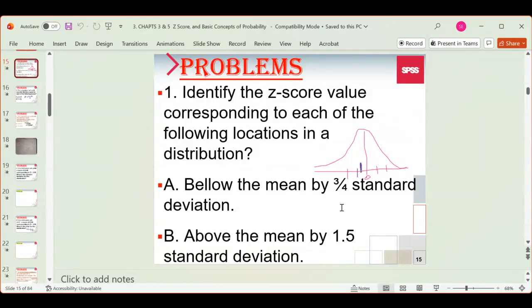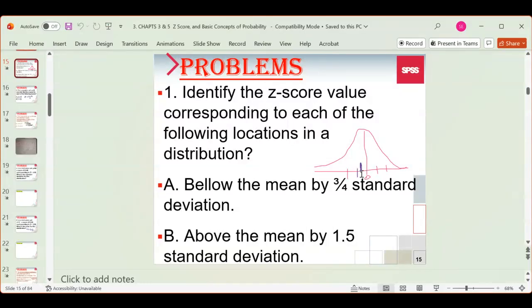It's just to show you what it means when somebody says there's a score below the mean by 3/4 of a standard deviation. You can see the normal distribution, which I drew with the mean of 0, and then you go to the left is 1 point, and to the right 1 point, negative and positive.